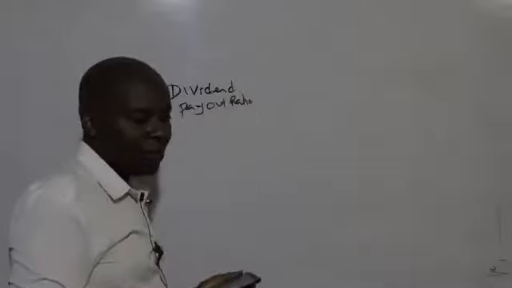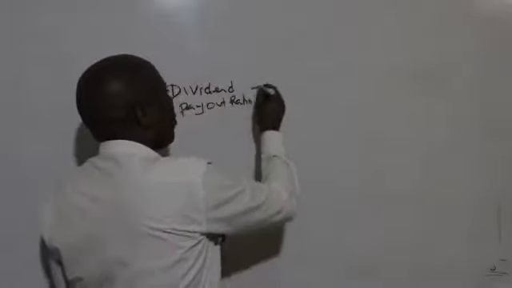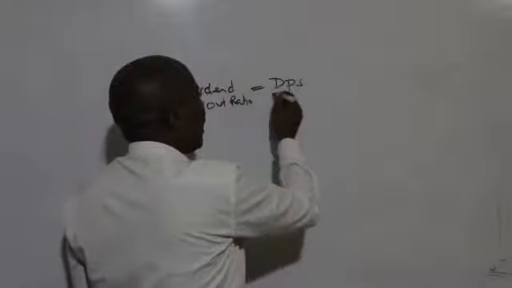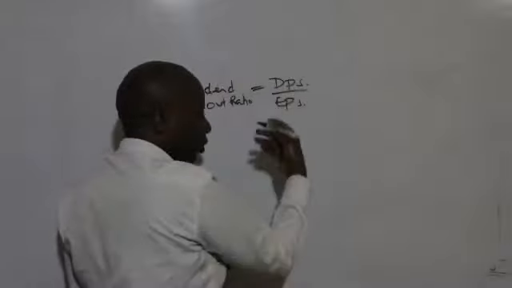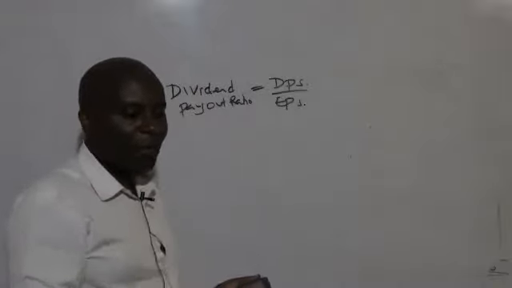The dividend payout ratio, ladies and gentlemen, here will be equal to dividends per share all over earnings per share. What we earn out of whatever we earn, what are we able to pay?